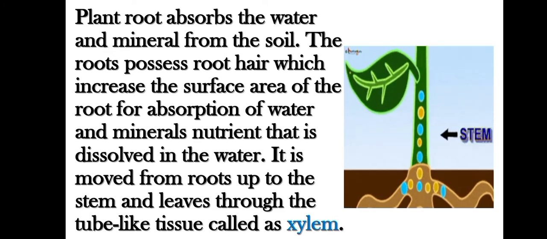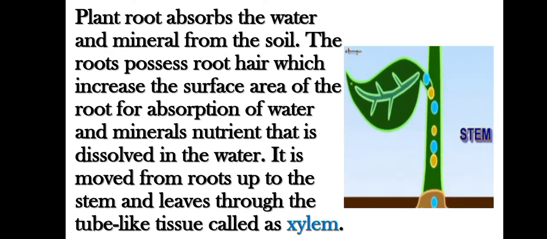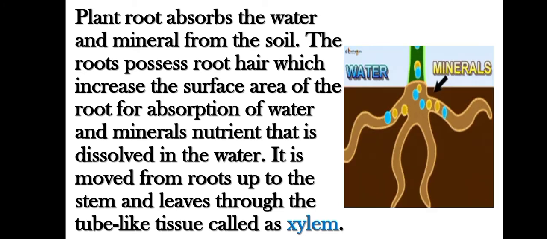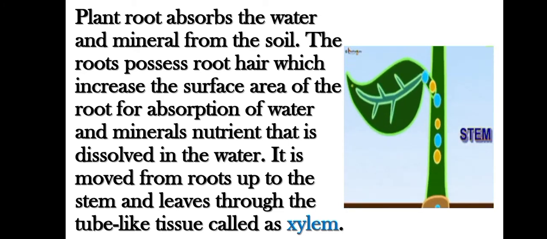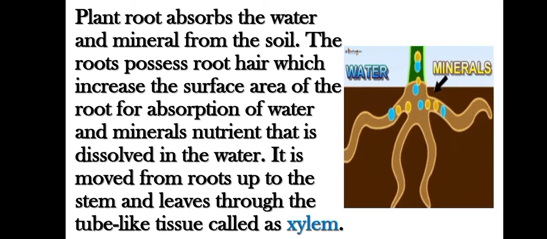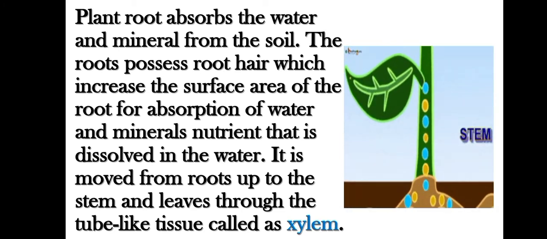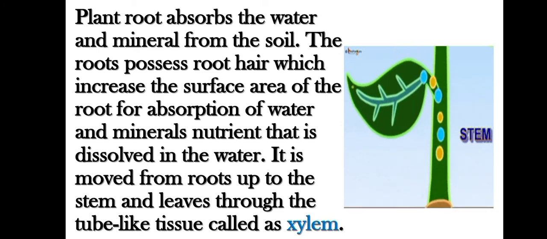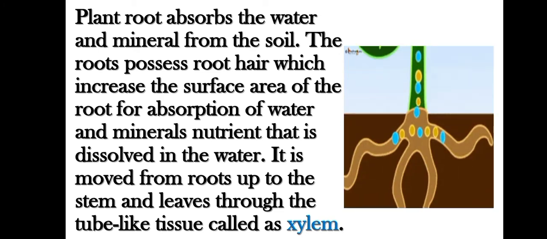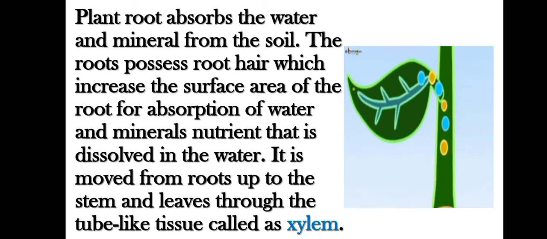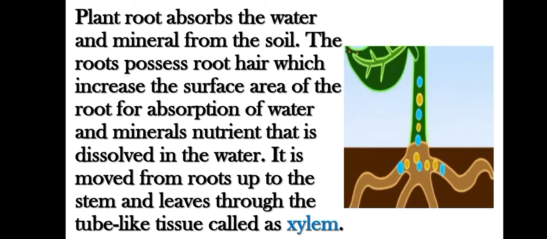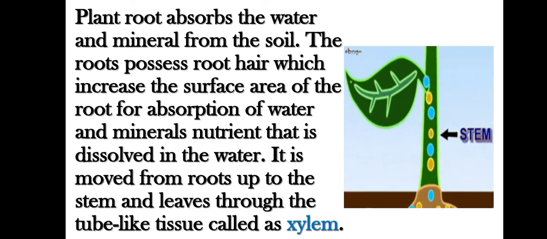Plant root absorbs the water and minerals from the soil. The roots possess root hair, which increases the surface area of the root for absorption of water and mineral nutrients that are dissolved in water. It is moved from roots up to the stem and leaves through the tube-like tissue called xylem.